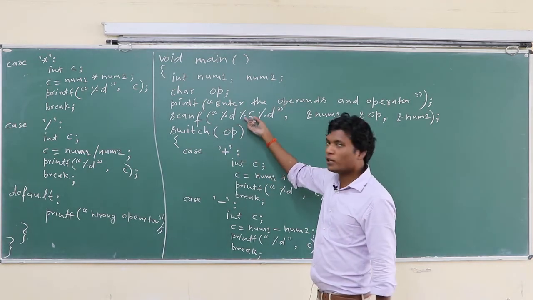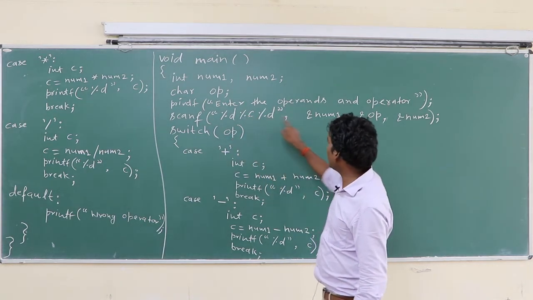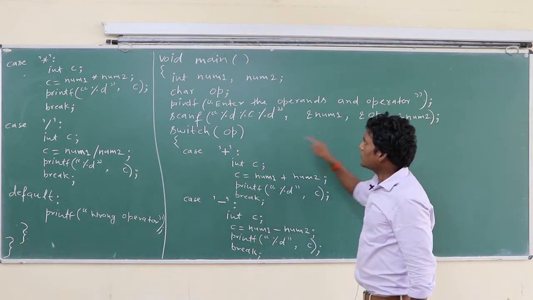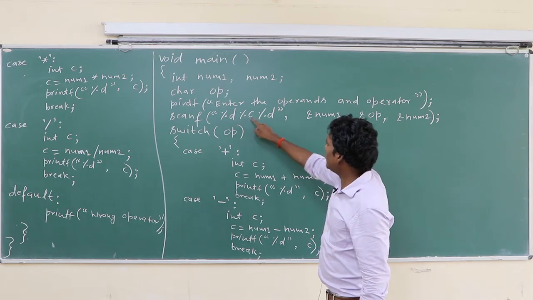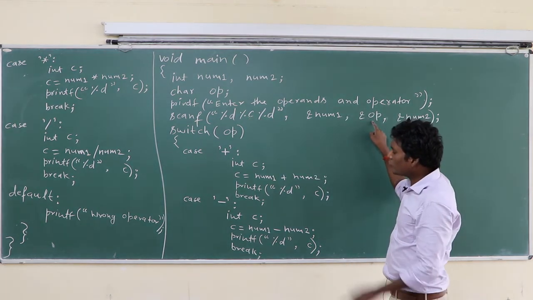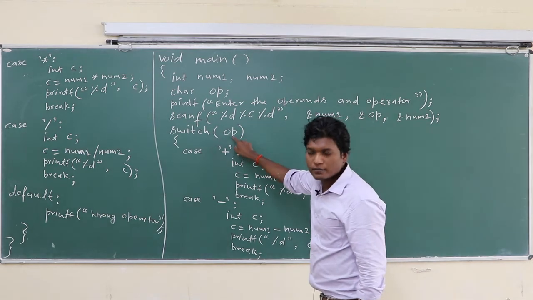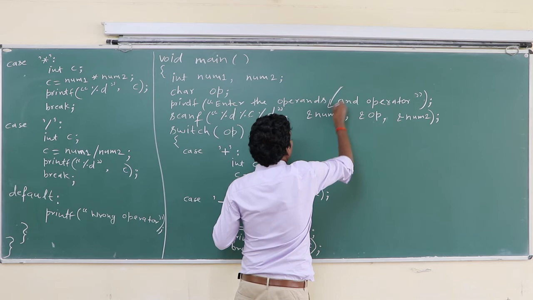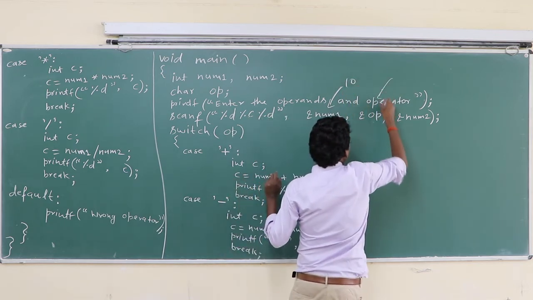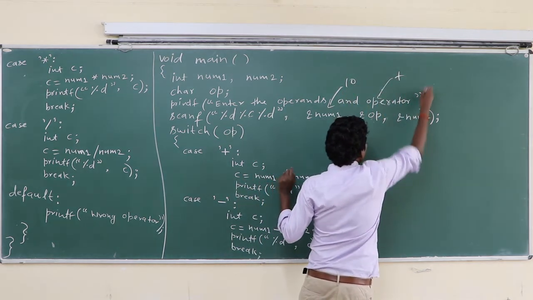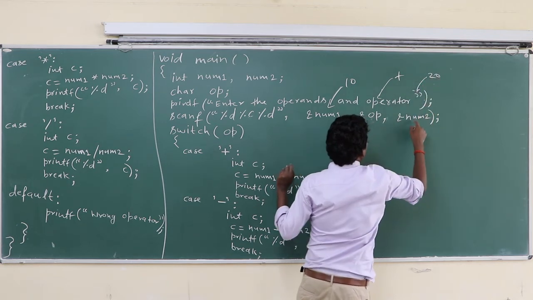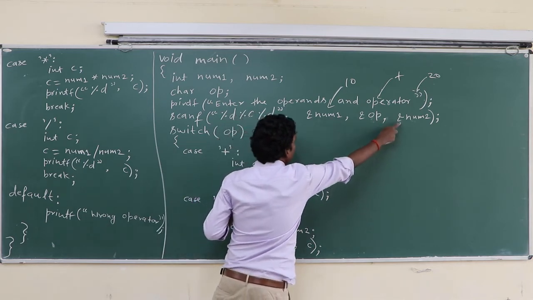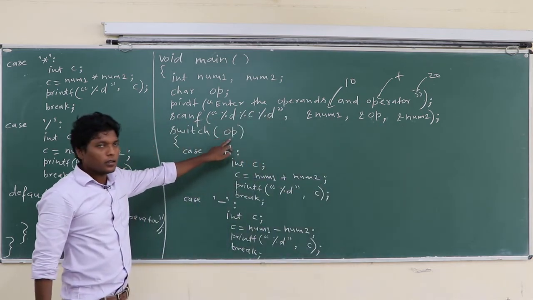So whatever you have input is placed here. Suppose %c is used to input the plus, so plus will be here. Suppose user inputs 10, then plus, then 20.